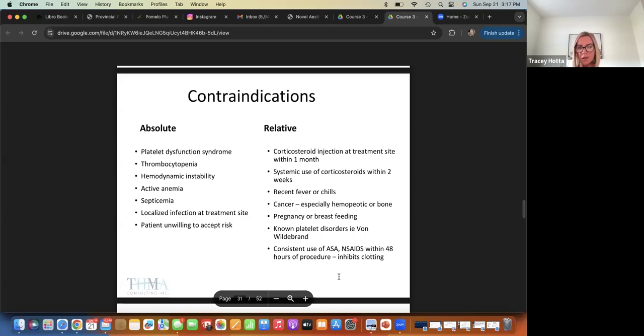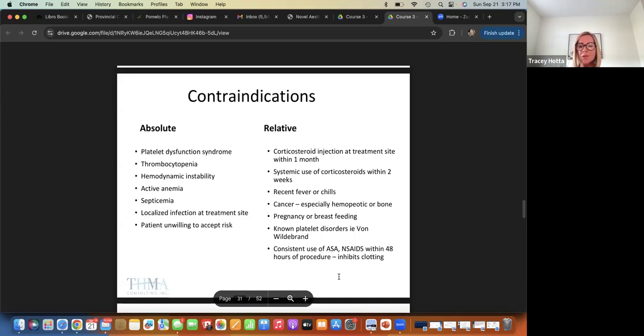Relative contraindications are things that can be considered, such as a corticosteroid injection at the treatment site within a month, or systemic use of corticosteroids within 2 weeks. Have they had a recent fever or chills or any kind of infection?